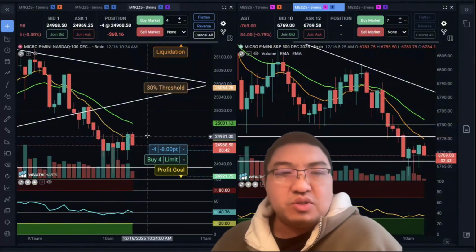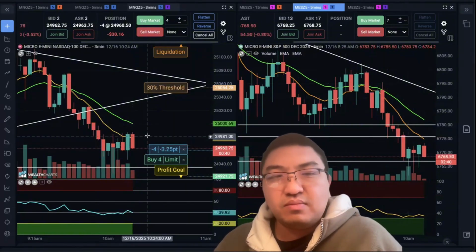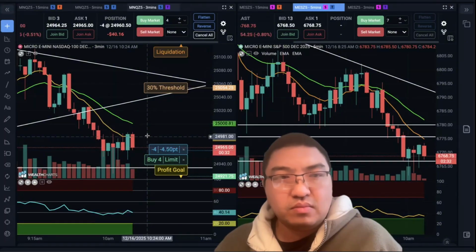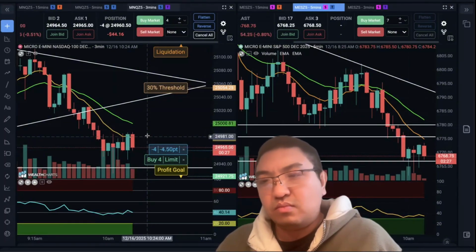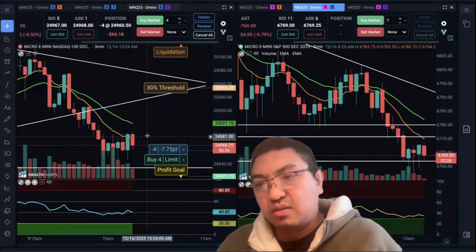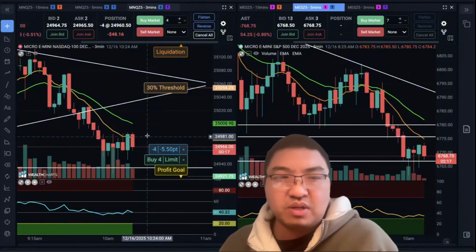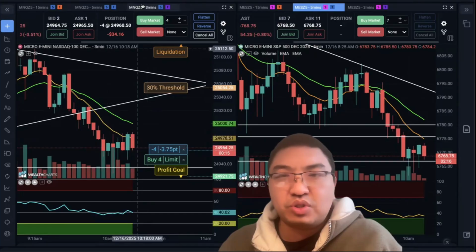Yeah, just be more patient. Again, I'm going short at the bottom. God damn, Jesus. See, yes, cover down, engulfing. NQ is a little bit difficult because the previous candle is too huge.